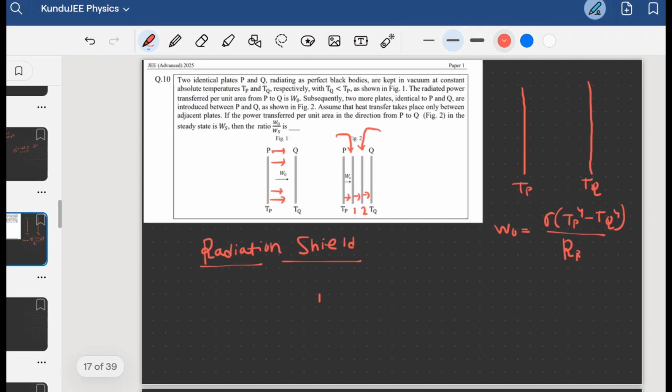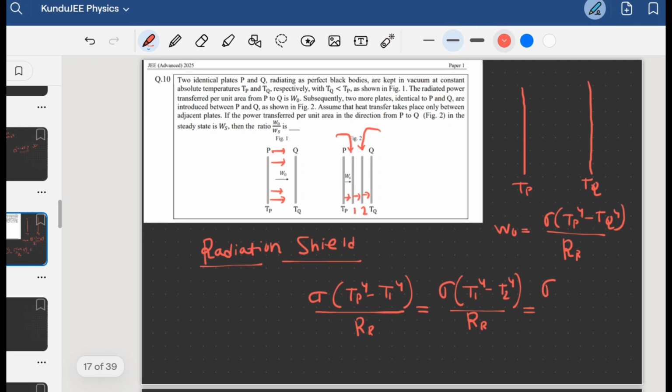So sigma Tp to the power 4 minus, let us say the temperature of plate 1 is T1, so T1 to the power 4, by the resistance R suffix R. That is equal to sigma of T1 to the power 4 minus T2 to the power 4 by the radiational resistance R, because they are similar plates. They are all having the same surface properties.